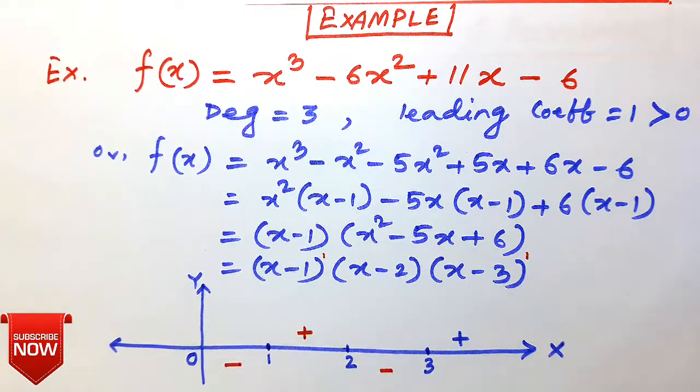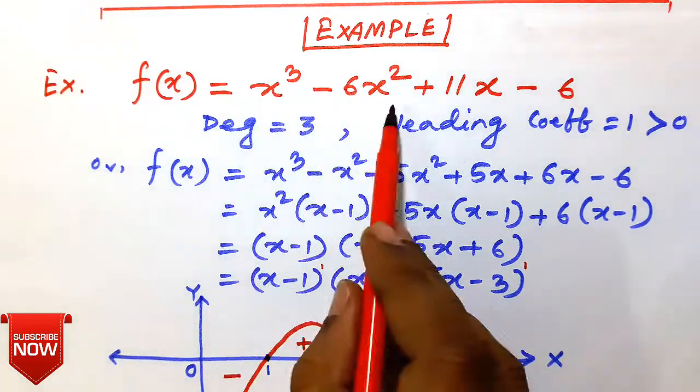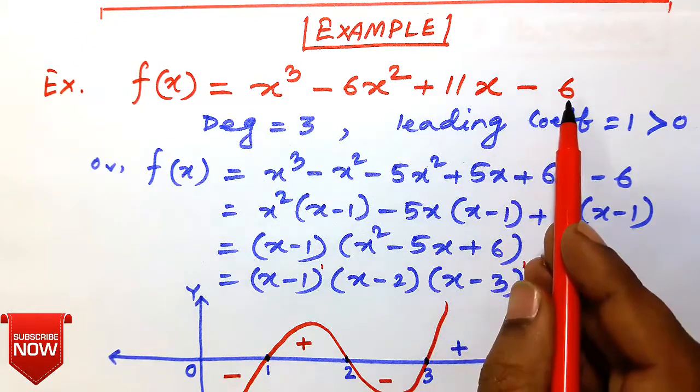Okay, so I am drawing the curve. So first of all, the curve will be like this, and so on. So this is the curve of x cube minus 6x square plus 11x minus 6.